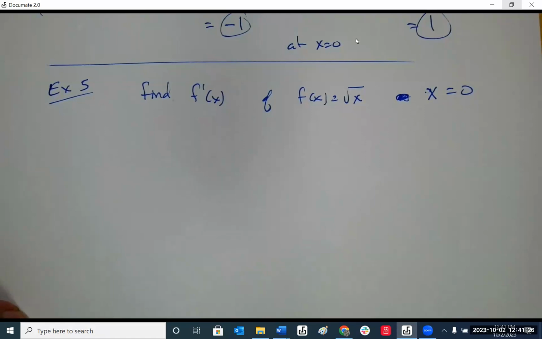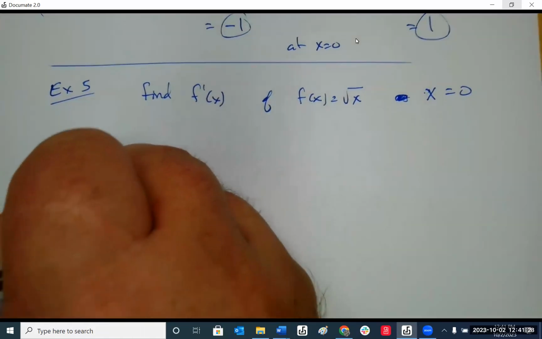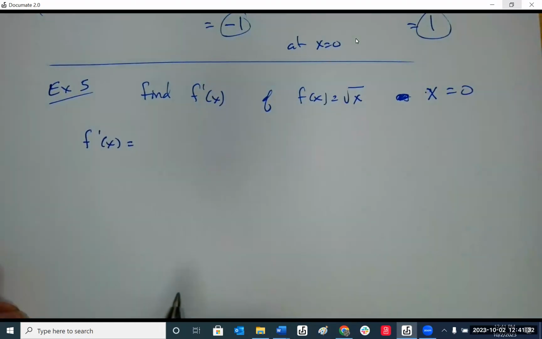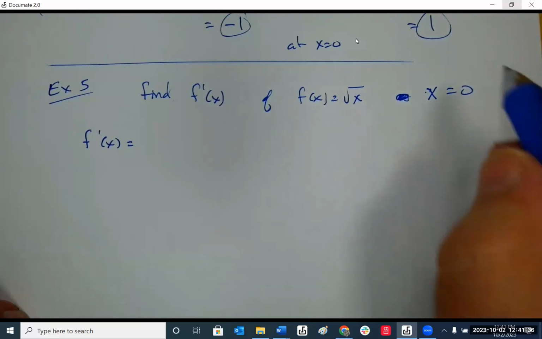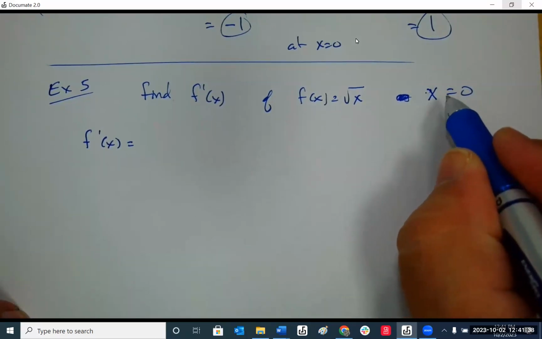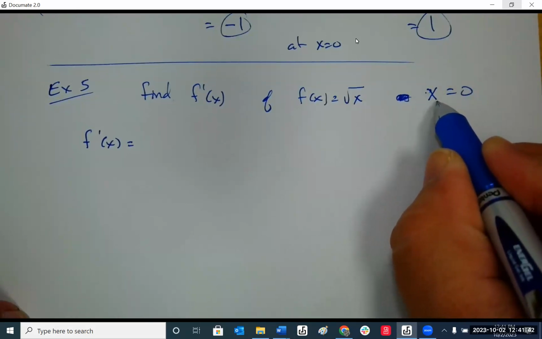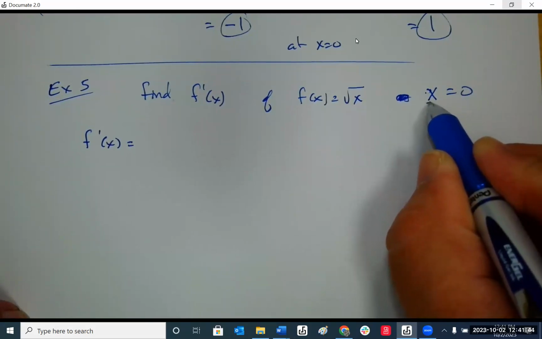Remember what we got? One. But we can't go that far because we have to now put x equals 0.